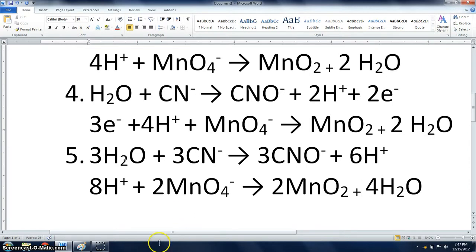Okay, and now we're going to start canceling out what we have left. So here we have 3 waters, and here we have 4 waters. So these 3 waters here, they're going to go away, and we're just going to have 1 water left here. And same thing with our hydrogen plus ions. We have 6 here and 8 here, which is going to leave us with 2 on the left side. So now we're going to combine our equation.